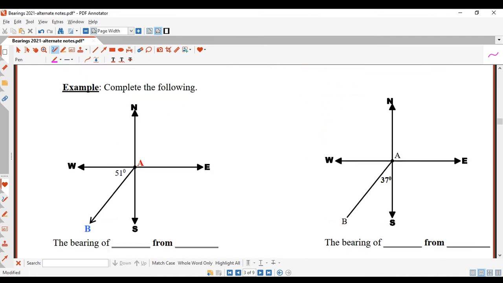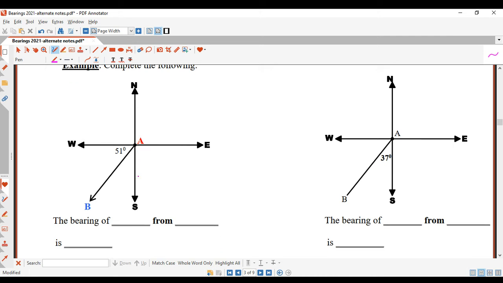I'll copy that down. Let's try the next one. You can pause the video if you like and have a go at these. Here's the direction I've got to describe: the bearing or direction of B from A. So just imagine you're standing at A and you describe that direction. It's got to be a clockwise angle from north. So how do we work this angle out?